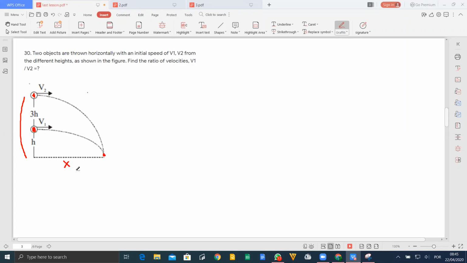We will use this property to solve the problem, because the question is v1 over v2. In this question, there is no number, we will only work with letters, so our answers will be in terms of h, something like that. So my question is, just consider the first one, let's say this is a, let's say this is b.